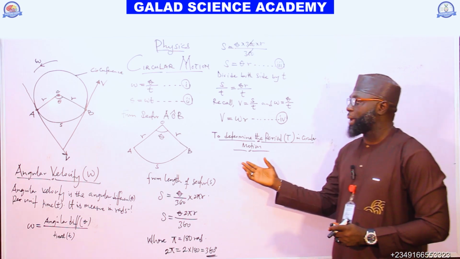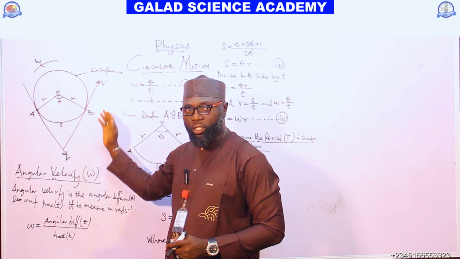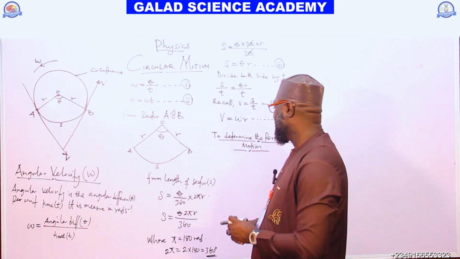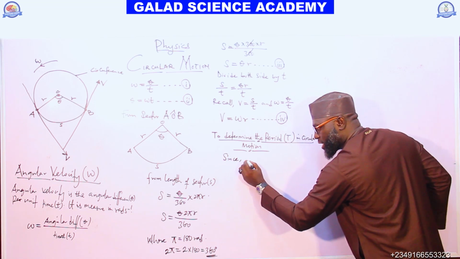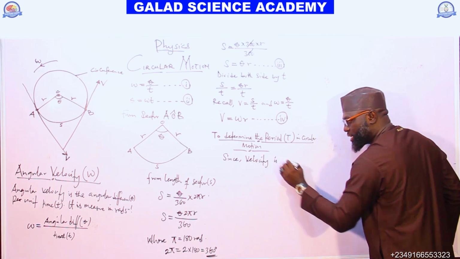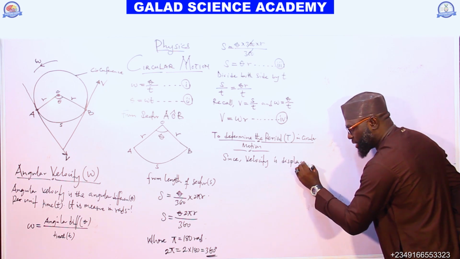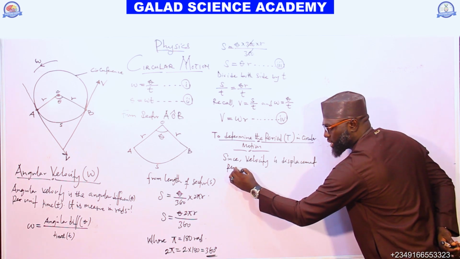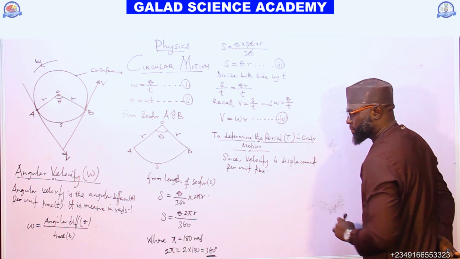So how are we going to determine the time taken, or the period, of an object that moves along a circular track? Since velocity is the displacement per unit time.